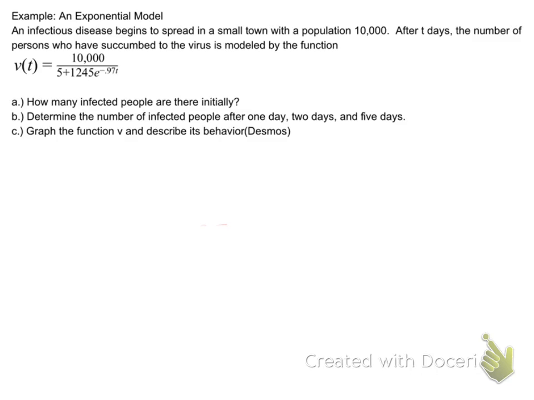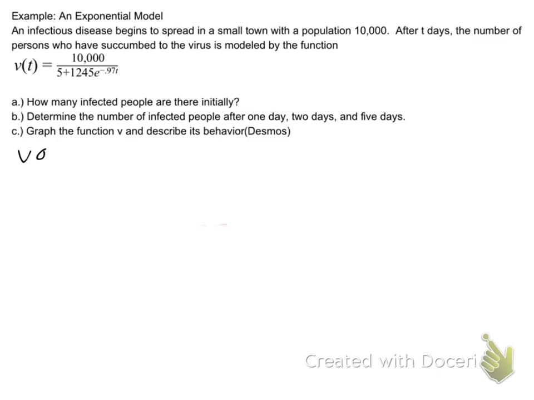What do you mean initially? How do I figure out how many people were initially infected? Plug in 0 for t. The other class took over 10 minutes waiting for that answer.